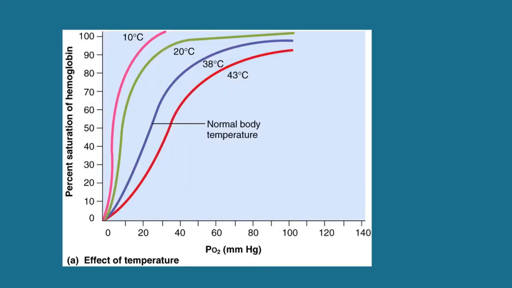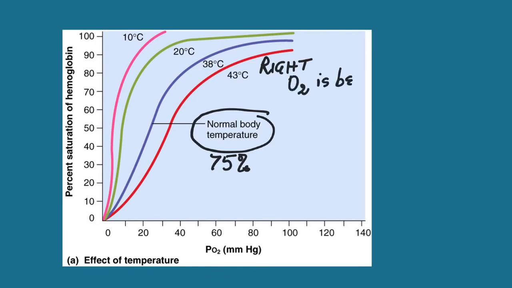Let's look at the next 2 rules that we need to know, which have to do with the position of these curves. Look at the normal here. This is the normal body temperature, the blue line that you see here, your 75% saturation that we just talked about. If there is a curve to the right of the normal, then this means that oxygen is being released, meaning the hemoglobin is giving up the oxygen.